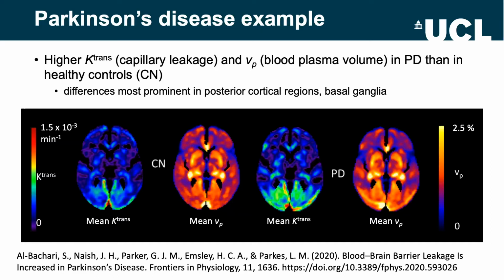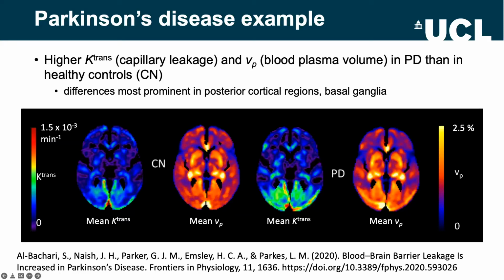And so you can see that the levels of leakage are relatively low on the scale of things when it comes to K-trans. This is a relatively low value. If we were looking at a tumour, for example, the values would probably be at least a factor of 10 higher. But we are able to detect, at least at the group level, in the healthy control group, finite leakage across the blood-brain barrier of our contrast agent.